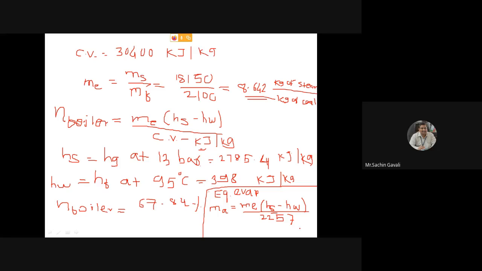Calculate, and it is one of the evaporative capacities, 9.14. We put the value 9.14. Again, the unit will be kg of steam divided by kg of fuel.